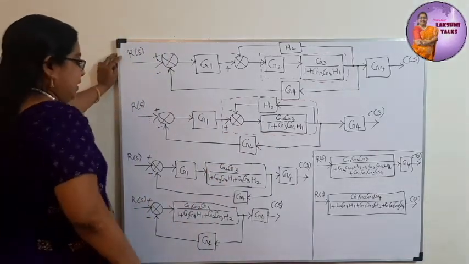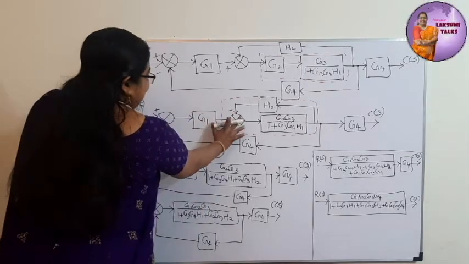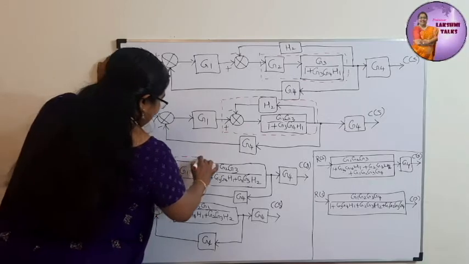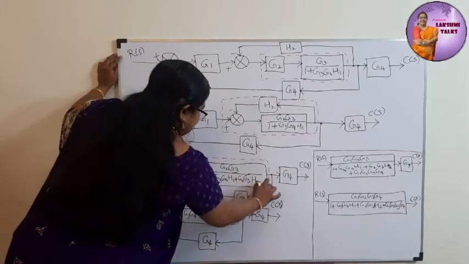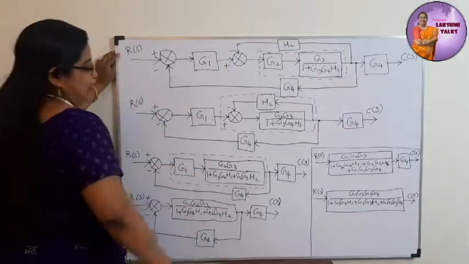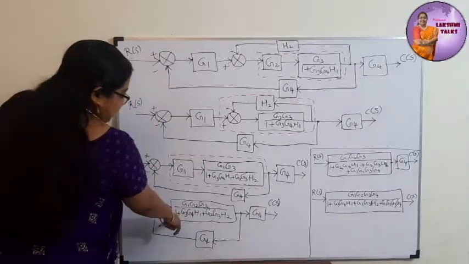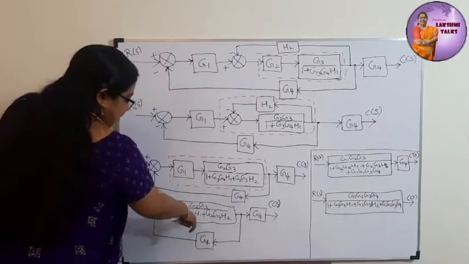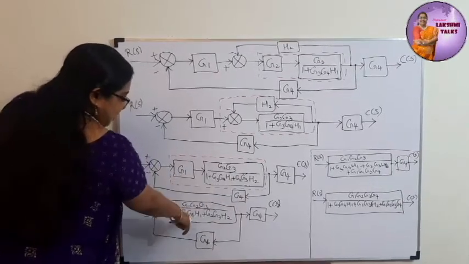Now these two become series, right? So now we have 2 blocks in series, so we can multiply these two. This is the next step. We have multiplied G1, G2, G3 divided by the same denominator.